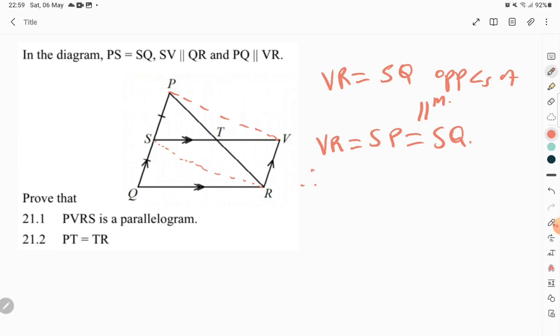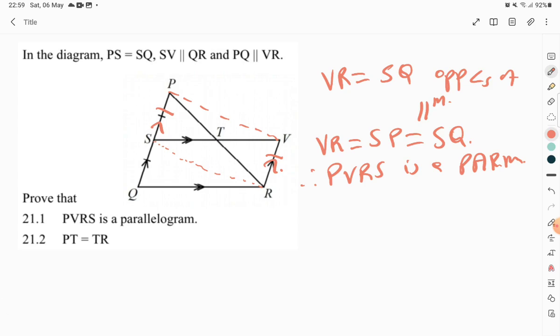So therefore PVRS is a parallelogram. The reason being, this side is equal to that side, and they are already parallel to each other. So one pair of opposite sides is equal and parallel.